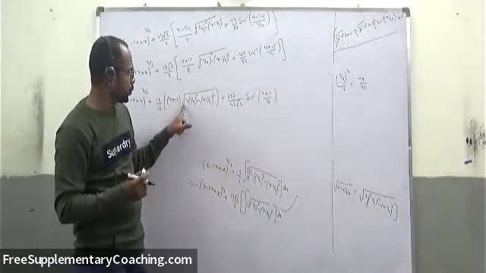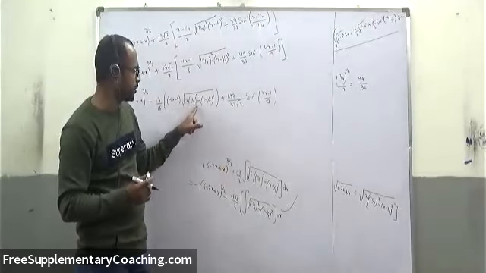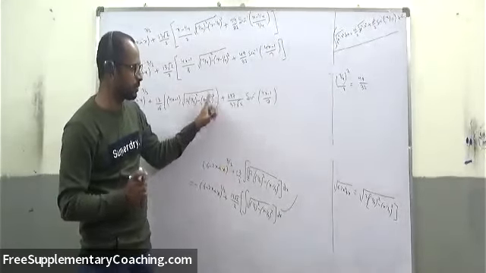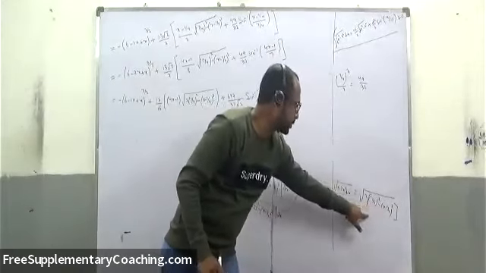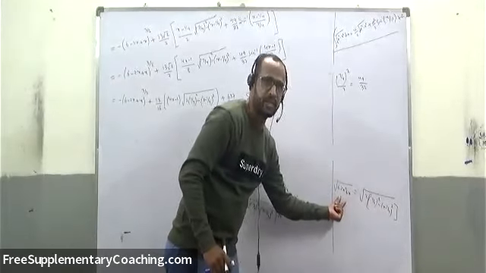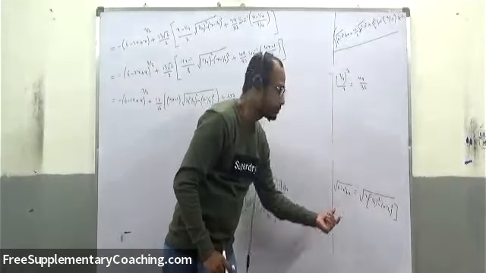Square root of 2, 7 by 4 square minus x minus 1 by 4 square. What can I write for this? This complete term I can write, right? Yes.